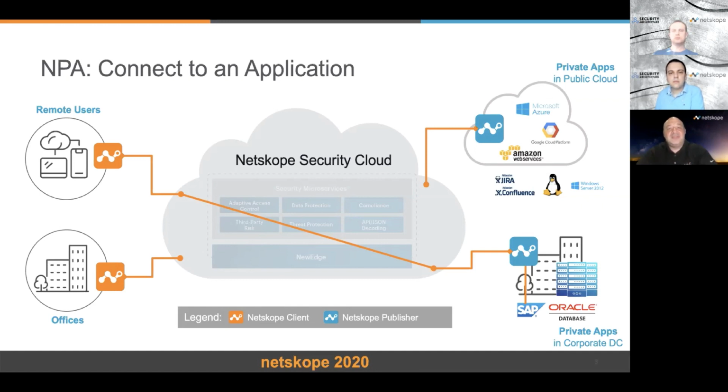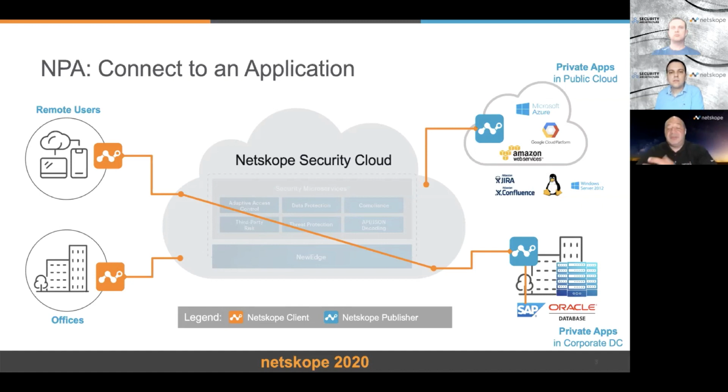If you think about traditional VPNs, you have a monolithic device in front of all your applications, because all the users have to connect to that box, right? But this approach abstracts all that. All the user needs to know is they connect to the Netskope Cloud, and then based upon what applications they need to access, the cloud routes them to the publisher, because when you create an application definition, you bind that to a particular publisher or publisher group.